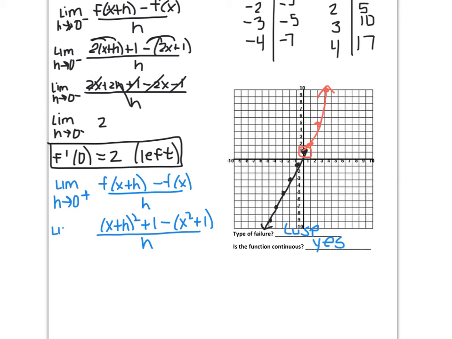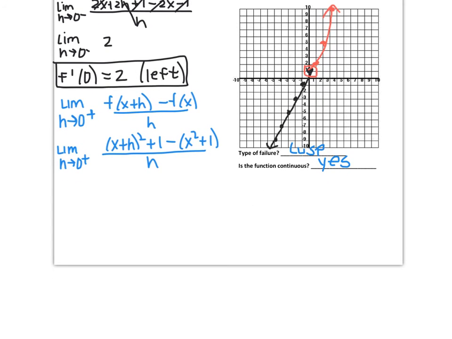And we're going to take the limit as h approaches 0 from the right. Again, it should be useful to you if you've memorized what x plus h squared is. So that would be x squared plus 2xh plus h squared, then plus 1, then minus x squared minus 1 all over h. And again, we're going to take the limit as h approaches 0 from the right.